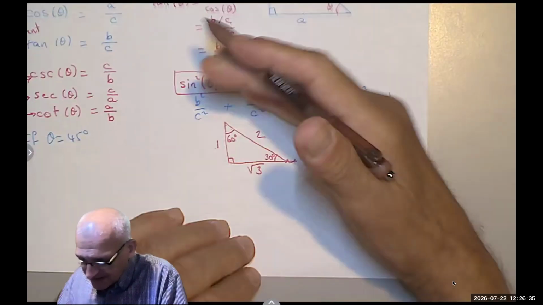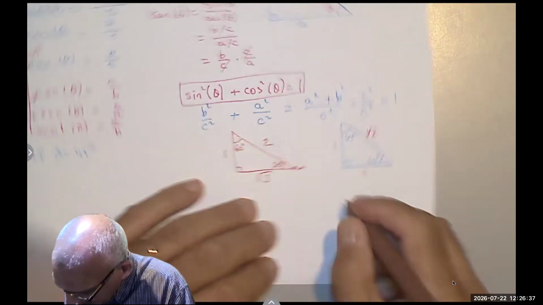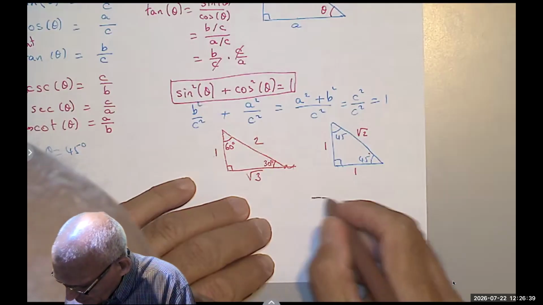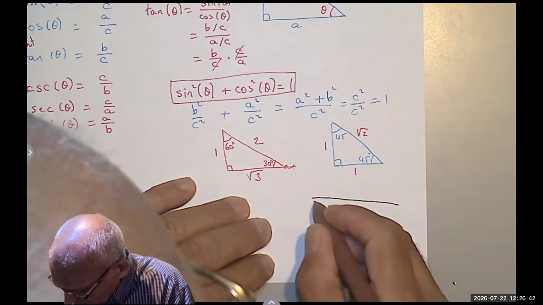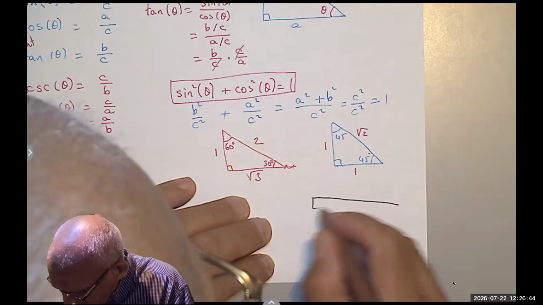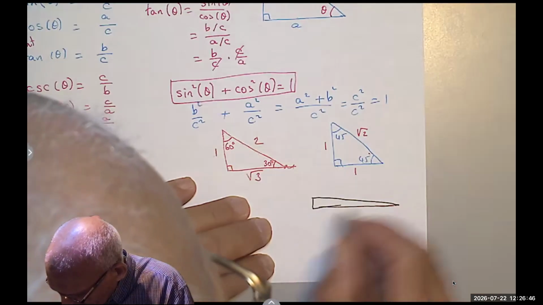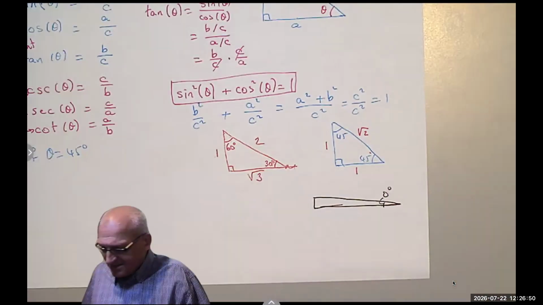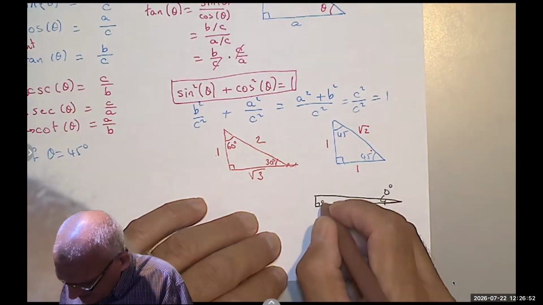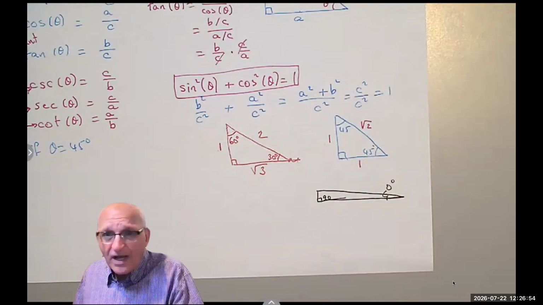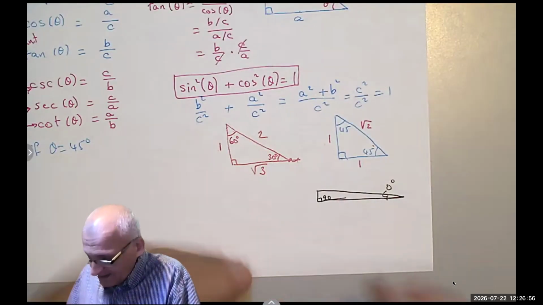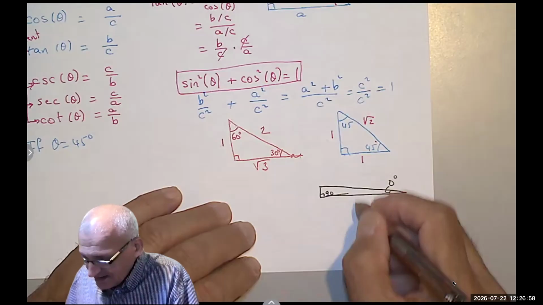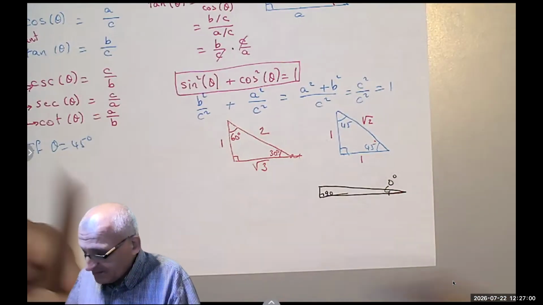I kept decreasing this angle, decreasing it until I'm going to draw it, of course, not a straight line. I'm going to do something that I enlarge it a lot and I say this angle is 0 degrees and this is 90. Well, if that's the case, then these two sides have the same length.